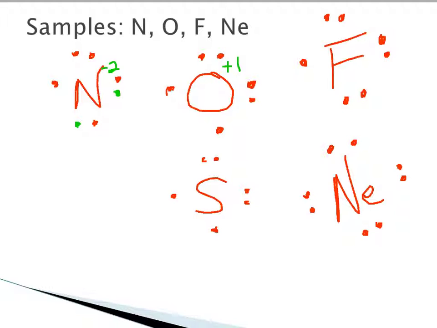But the ones that are paired up, those are the ones that you want to take away because electrons don't really like each other. Anyway, you would erase one of those electrons on oxygen and you'd be good to go. So just pay attention to ions. Make sure you're counting your electrons correctly and you should be good to go.